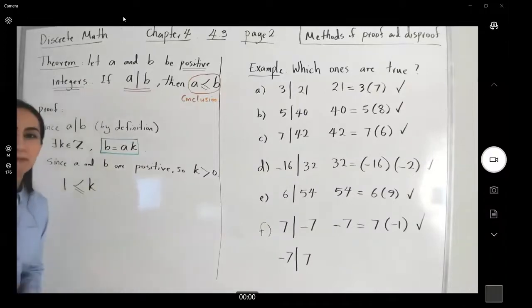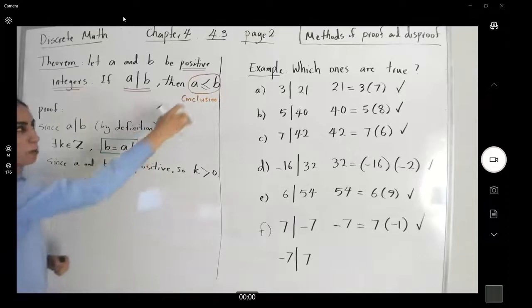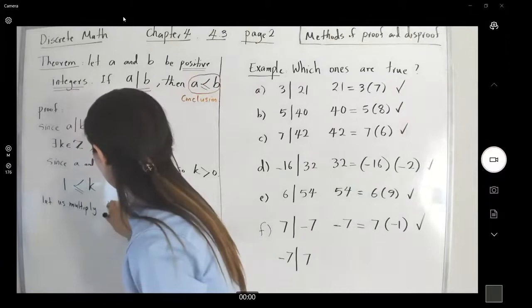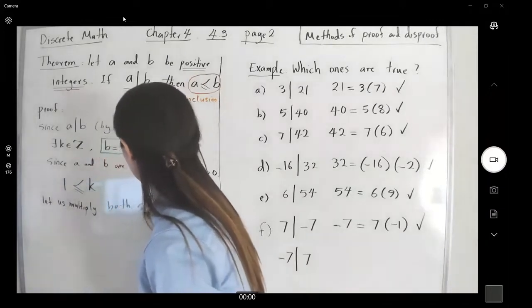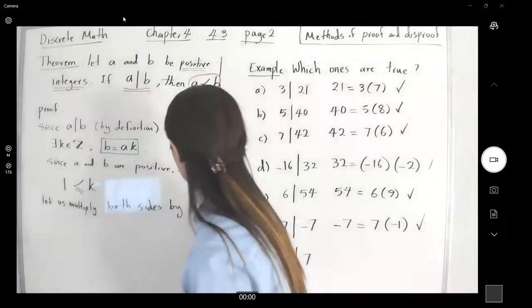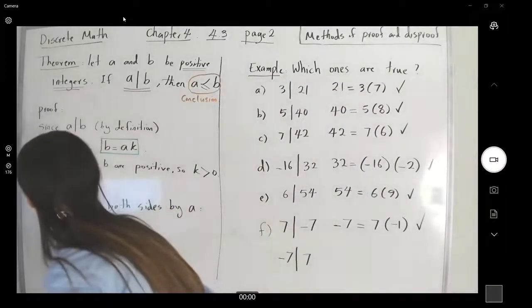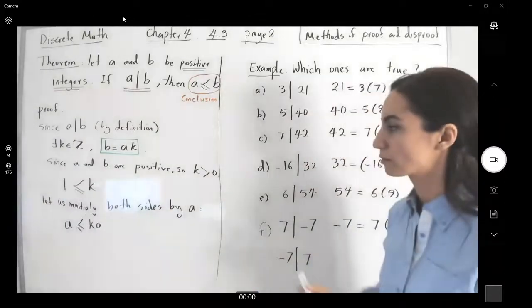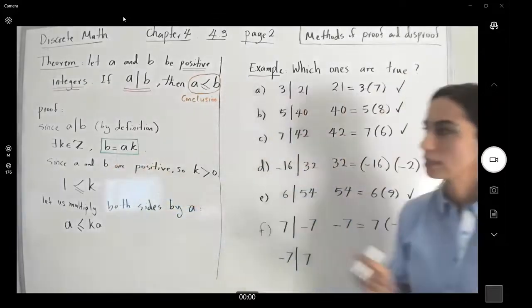Now I'm going to multiply both sides by A. I'm going to multiply both sides by A because I know B is equal to A times K. At the same time, A is positive. It doesn't change the inequality. So let us multiply both sides by A. I get A less than or equal to K times A, or A times K. So take a look at your box.